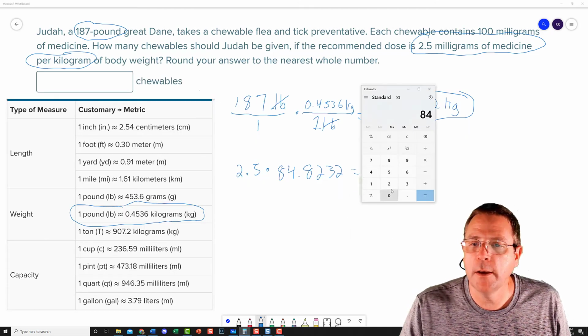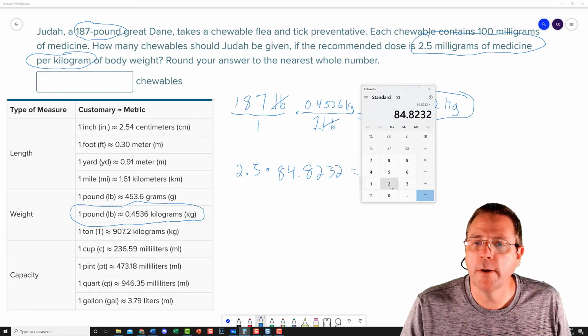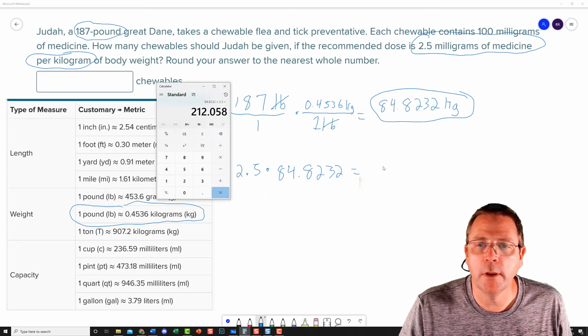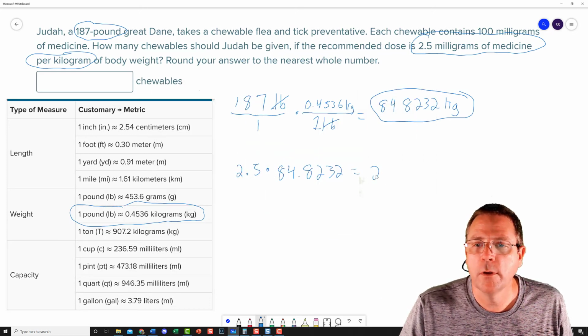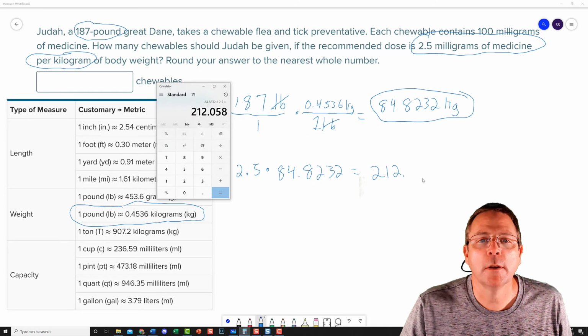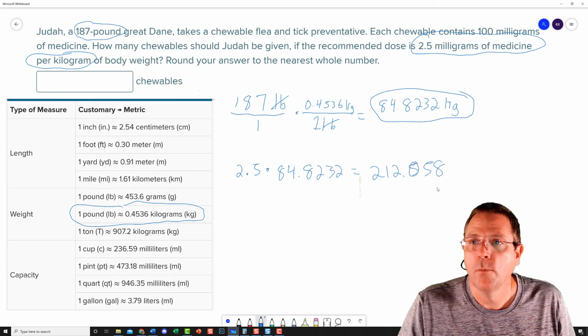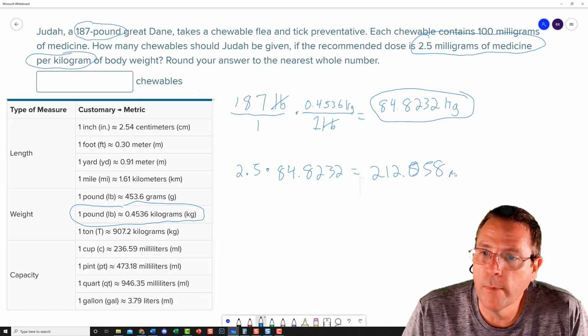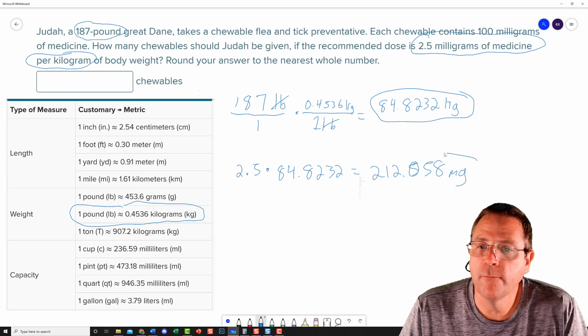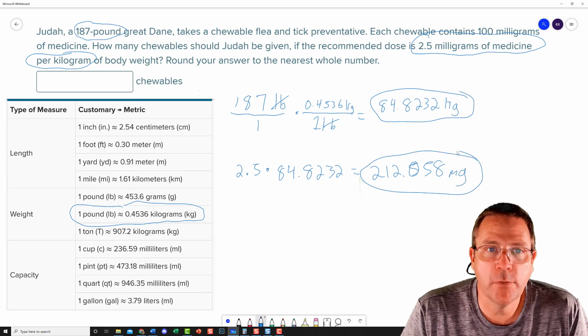We're going to take the 84.8232, multiply that by the 2.5, and that's going to give us roughly 212.058, which is the total number of milligrams needed for the dog. But that's not what the question asked.